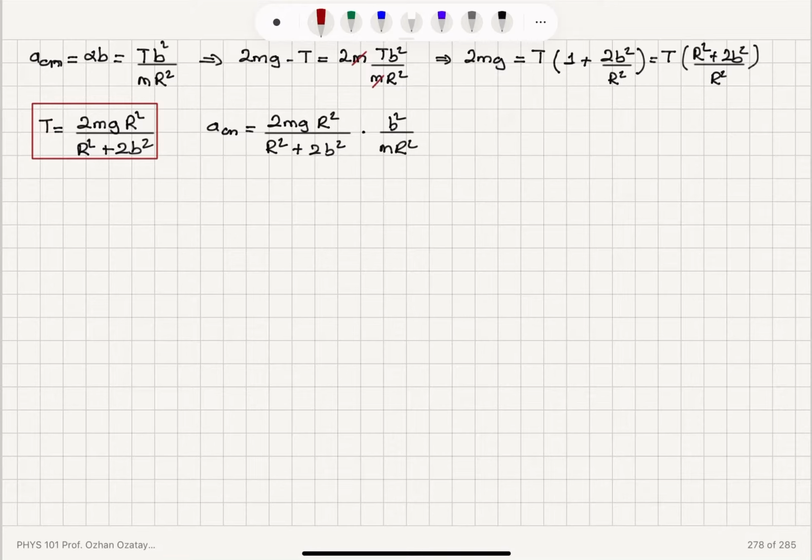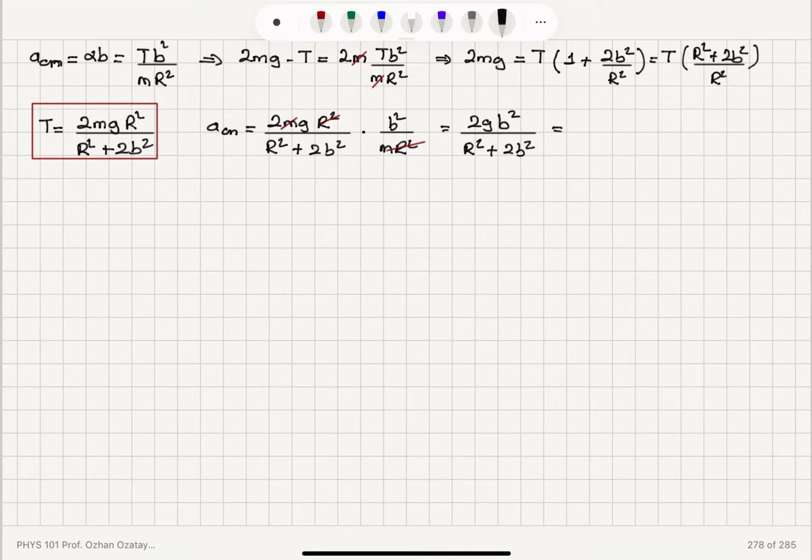So mR squareds will cancel, and we will be left with 2g b squared divided by capital R squared plus 2b squared.